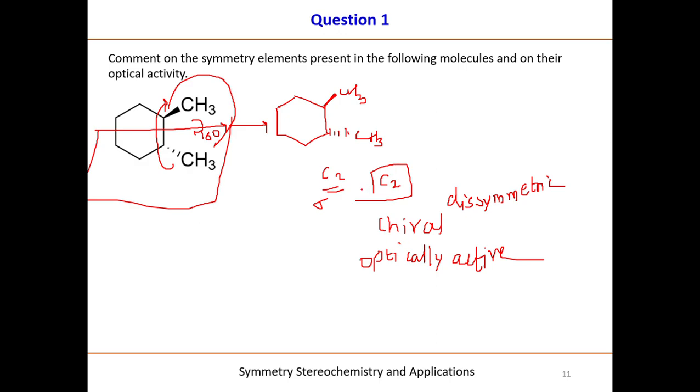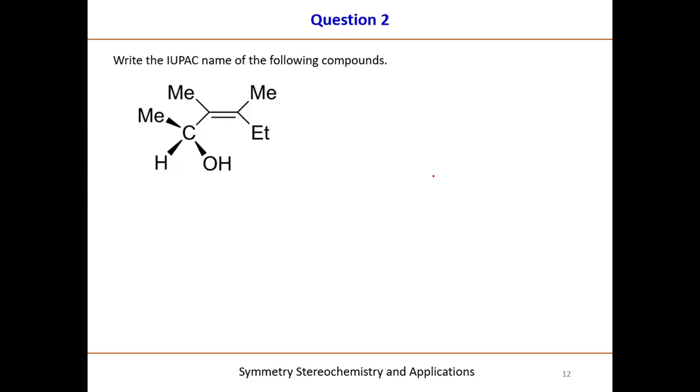Correct? So this is a correct example. This is optically active. Now this was the example of chirality of the molecule and optical activity.